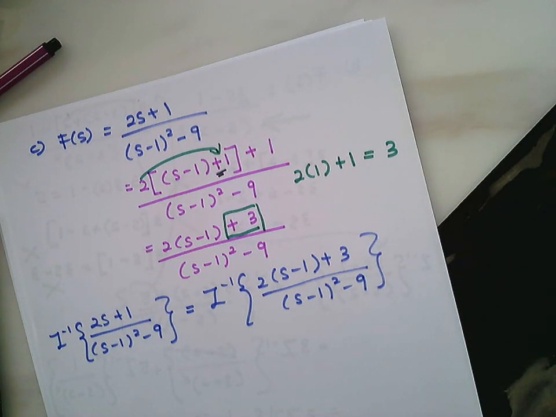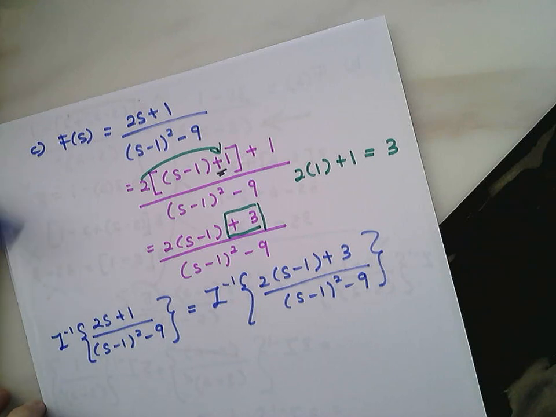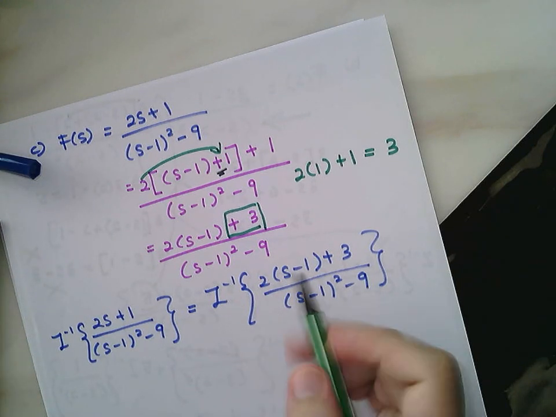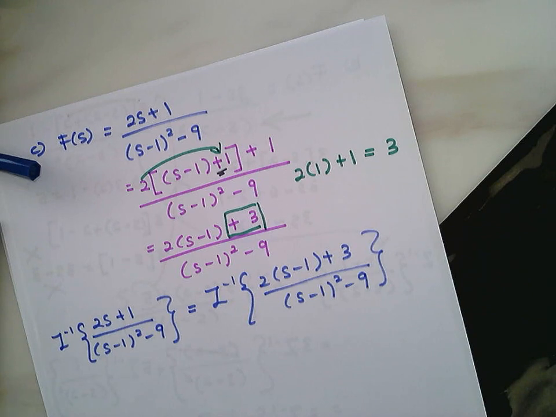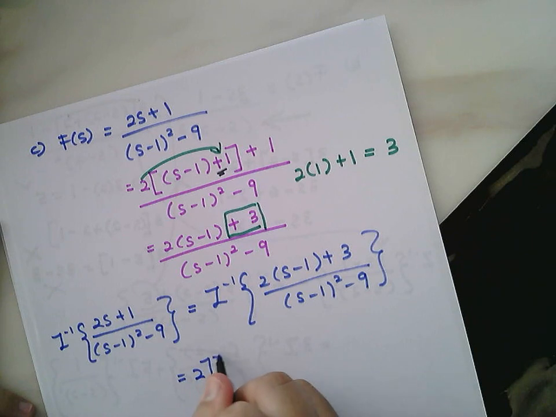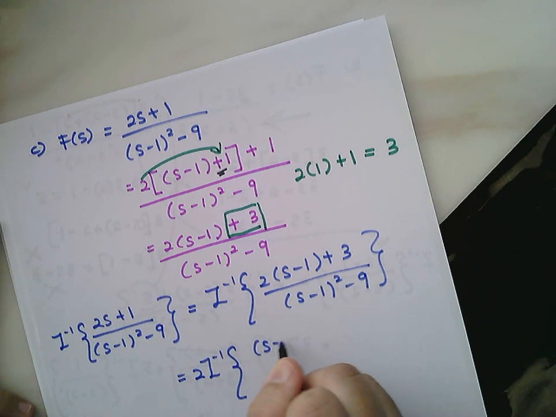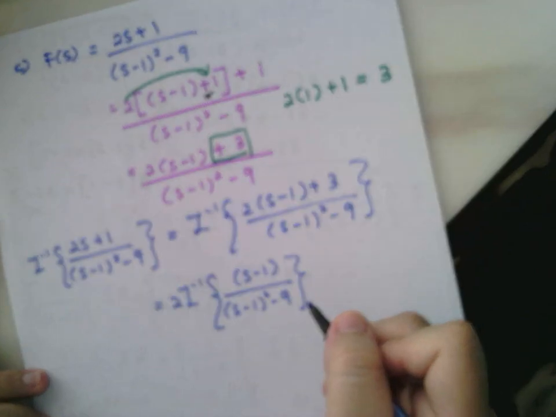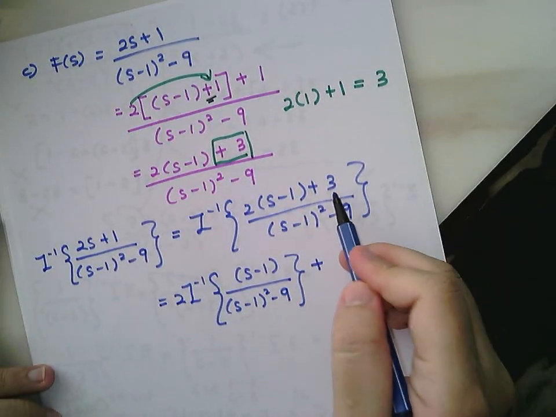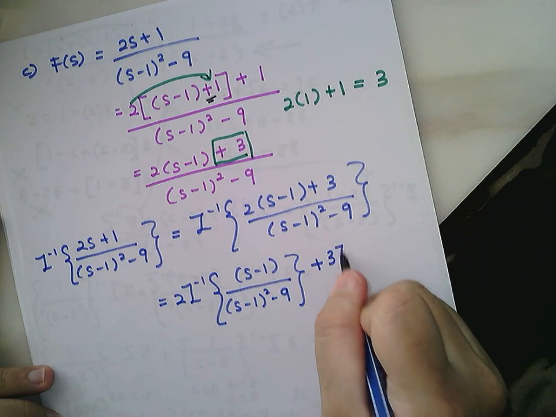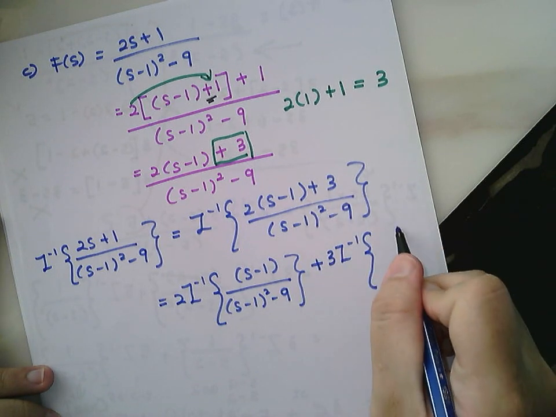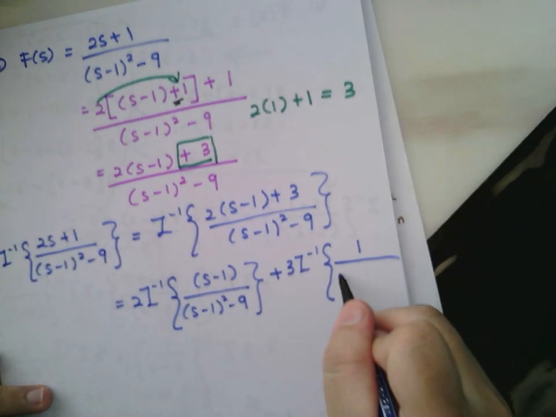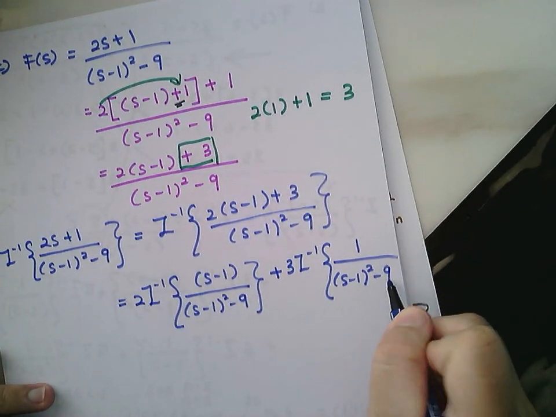By applying linearity properties, factorize 2, which will give you 2 times the first function, the inverse of s minus 1 over s minus 1 squared minus 9. So this is the first function. Plus, the second constant is 3, inverse of 1 over s minus 1 squared minus 9.